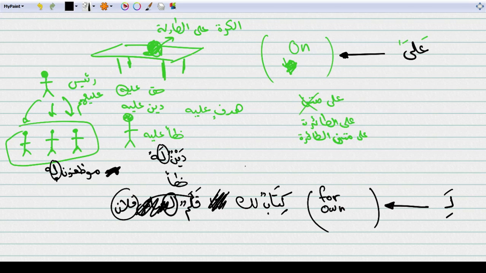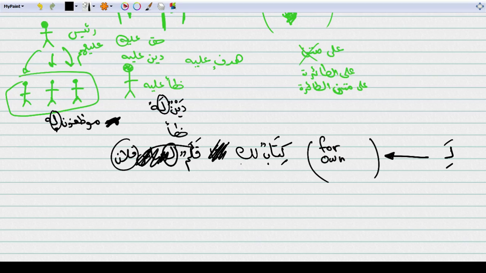Another meaning that this lam, which is a prefix to a word, can have is to cause. We call it lam as-sababiyya, the lam that is attached to a cause. An example would clarify that. I study to succeed.